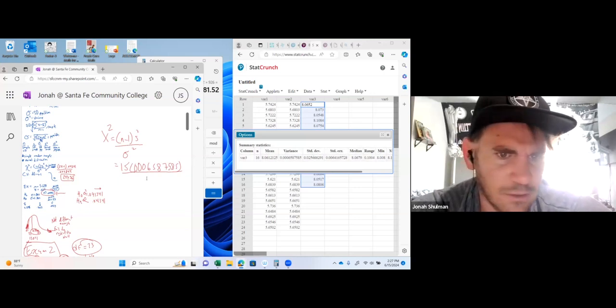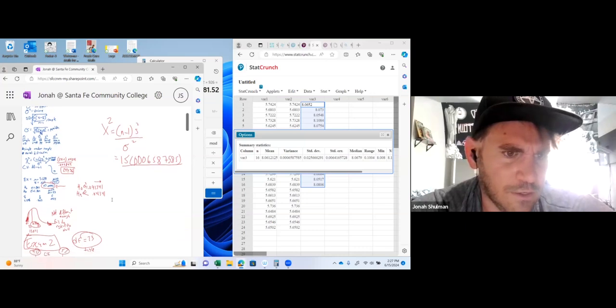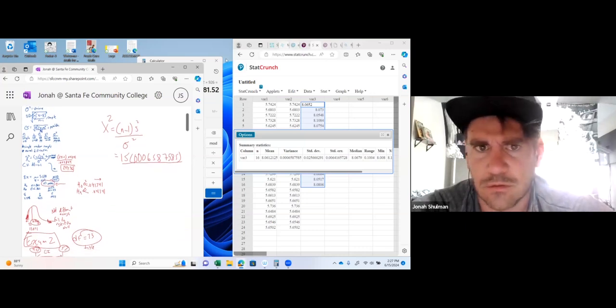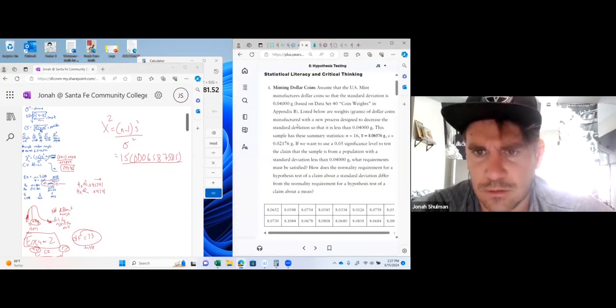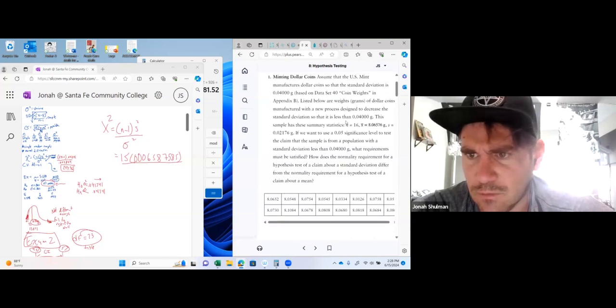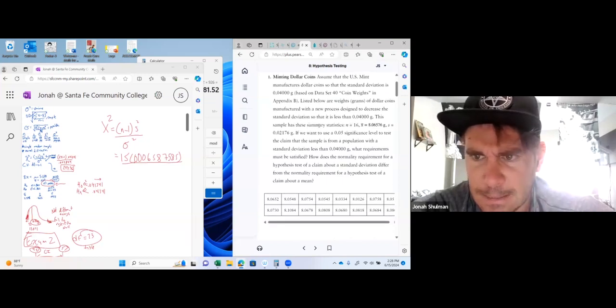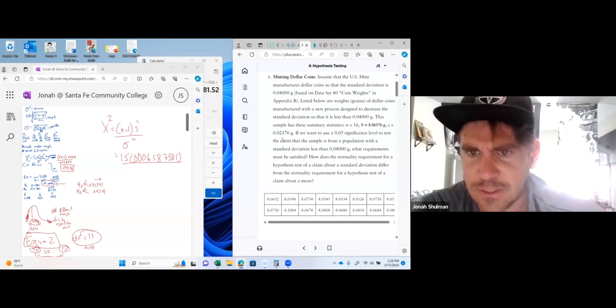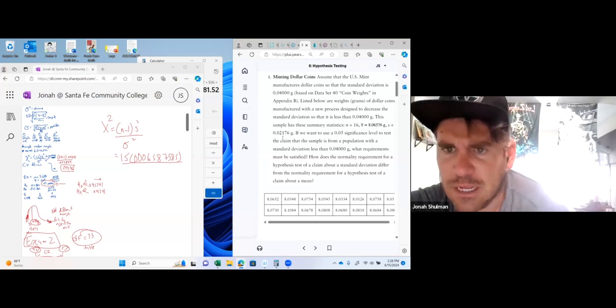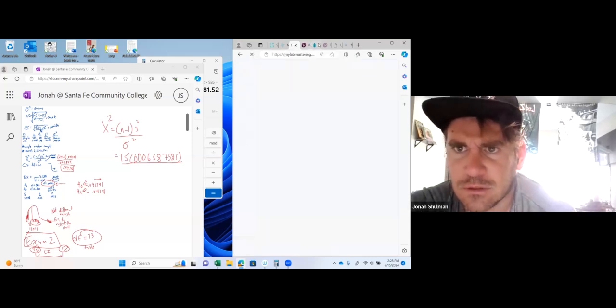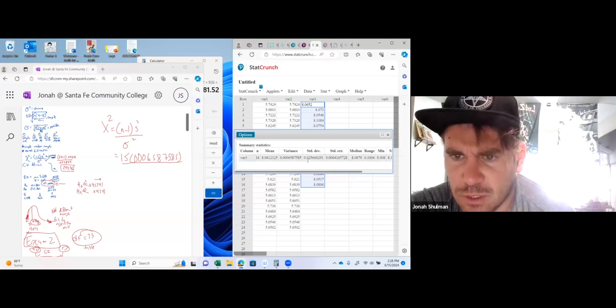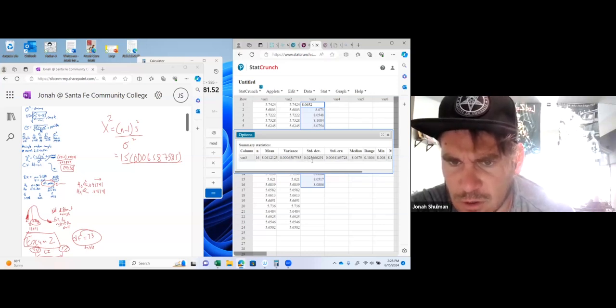And now we need the variance of the whole thing. Our problem said that the standard deviation was 0.02176. Is that true? I got 0.02566.